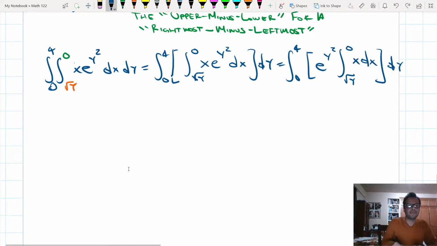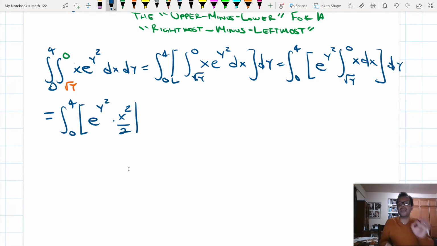So this will be the integral from 0 to 4 of e to the y squared times x squared divided by 2, and in this case we're evaluating this quantity from x equals the square root of y to x equals 0.